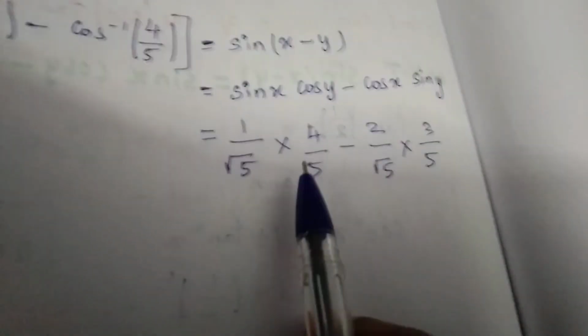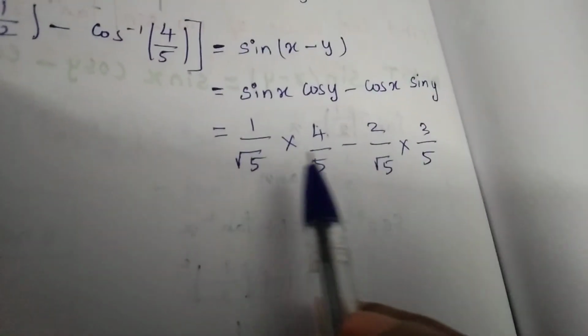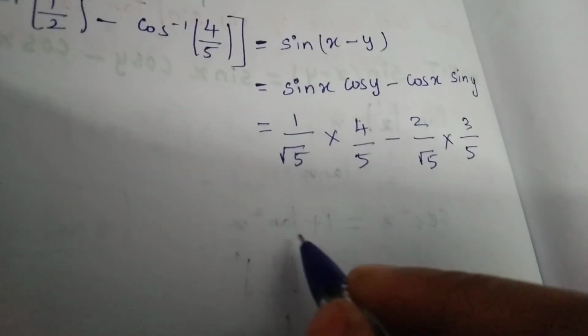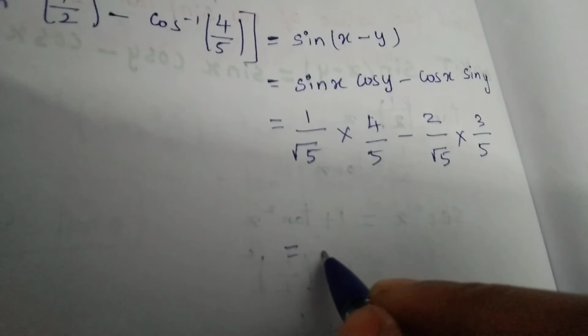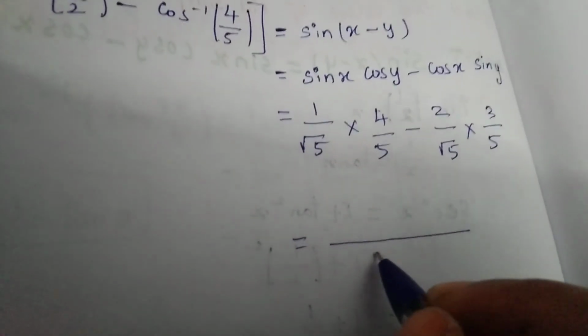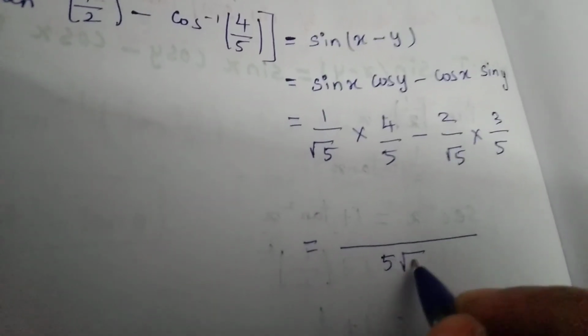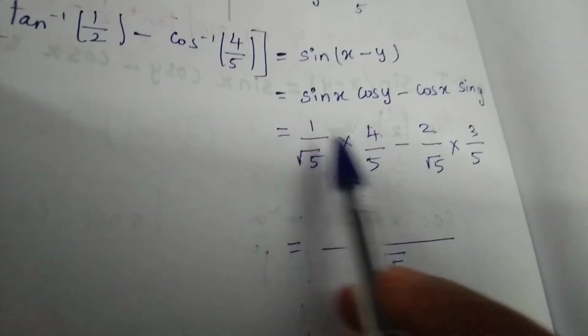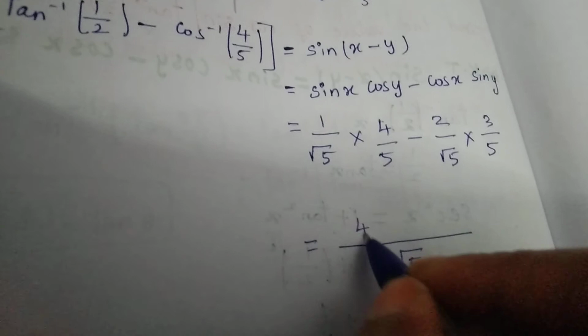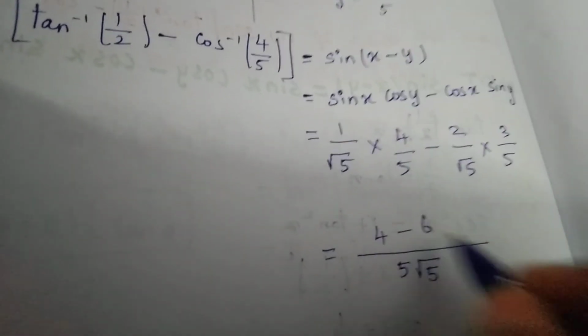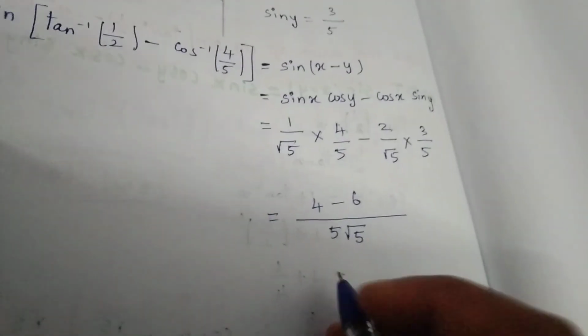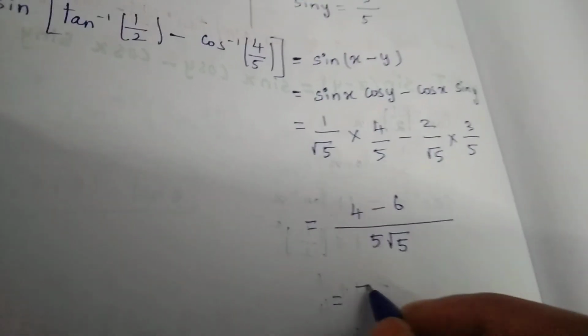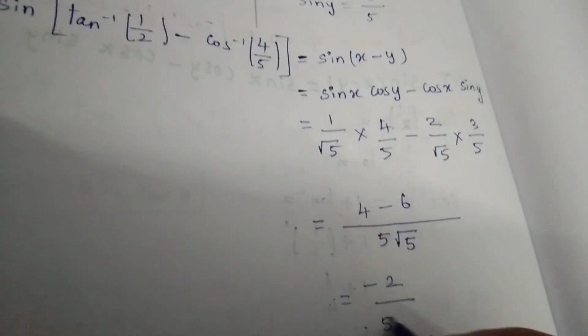We take the denominator as 5 root 5. In the numerator, 1 fours are 4, minus 2 threes are 6. So simplifying, the answer is numerator 1 minus 2 by 5 root 5, which is minus 2 by 5 root 5.